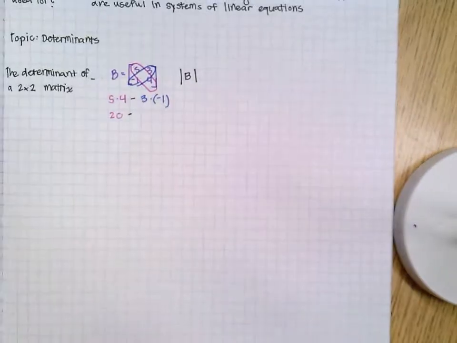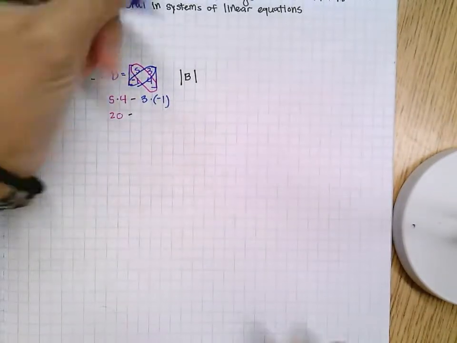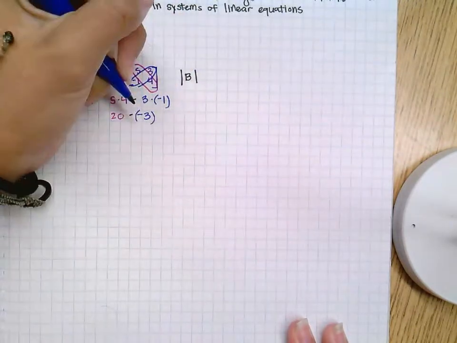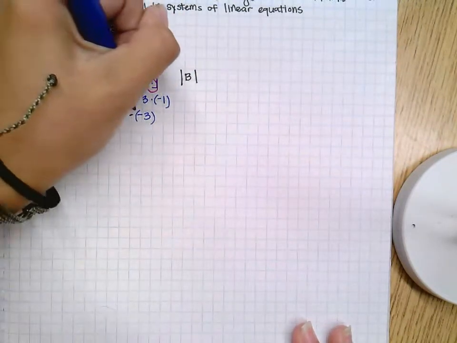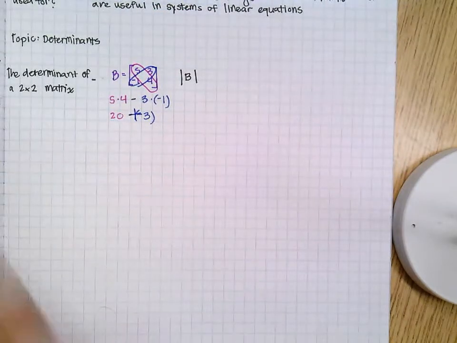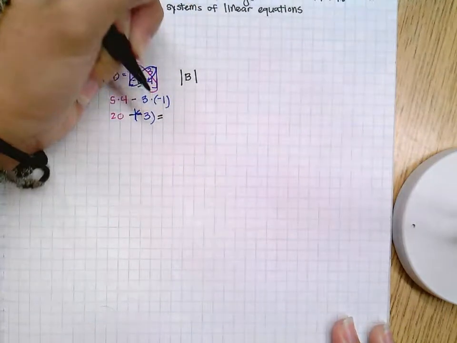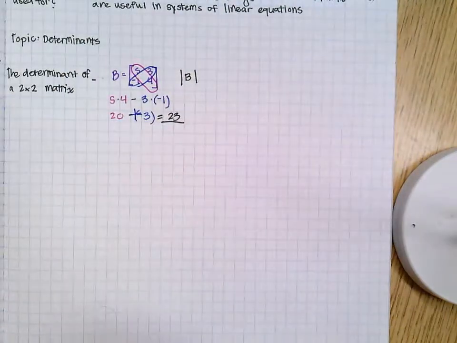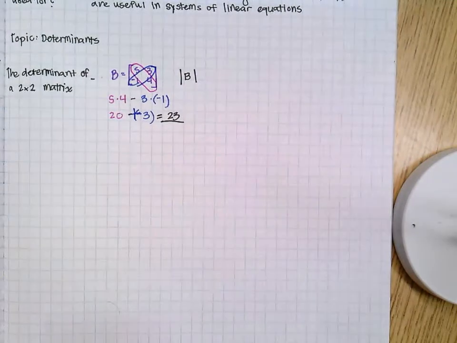And we know that 3 times negative 1 is negative 3. But when we're subtracting negatives, we add them. And so, 20 plus 3 is 23. And that is your determinant of matrix B. That is all you have to do.